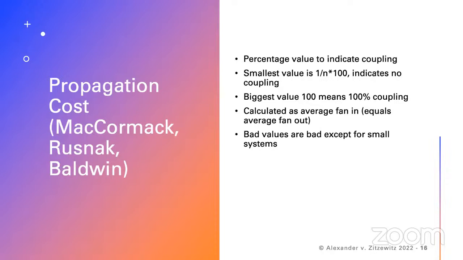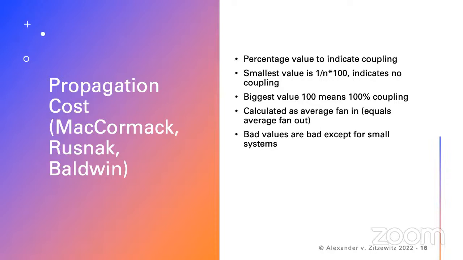Now you grow your system to 10,000 units, and let's assume you don't add any additional coupling. If your average component dependency is still at 1,000, your propagation cost would go from 100% to 10%. That still means you have a 10% value, but in that case, it would still be bad because you have 1,000 very tightly coupled units. It was just a little bit diluted by adding more compilation units.